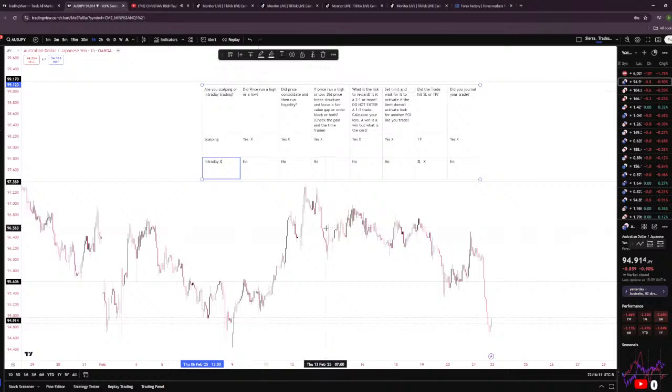So this week started on the 16th, then 17th, 18th, 19th. On the 20th, price ran our low. So yes. Did price consolidate and then run liquidity?